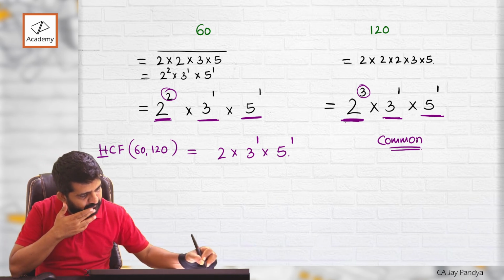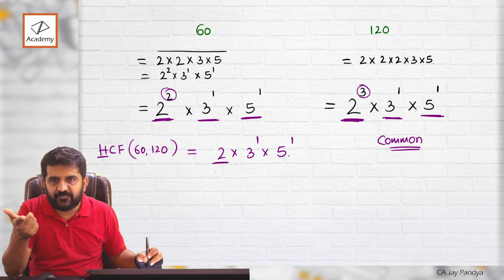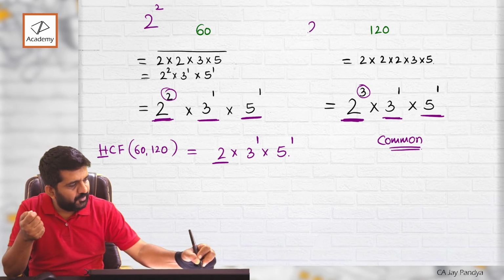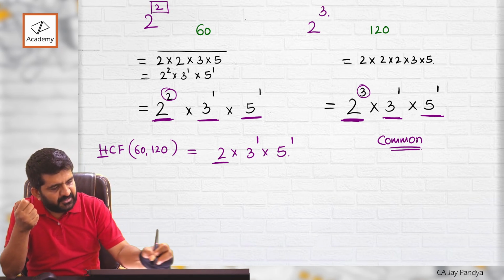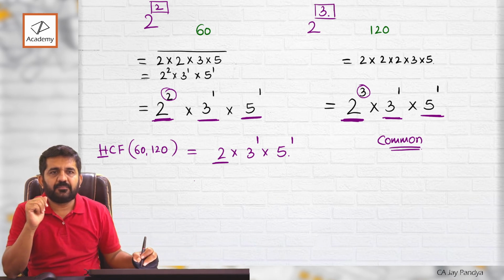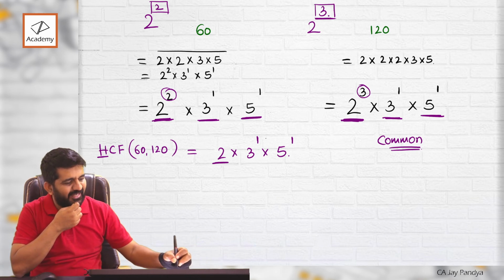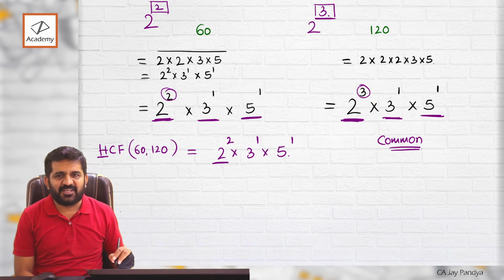2 is all right. 2 we have taken because it is common, right? Now there are two numbers, 2 square, 2 cube. Now you need to see these numbers. Which is lower? This is lower. Square. You are having in your mind square, but you are speaking cube, right?